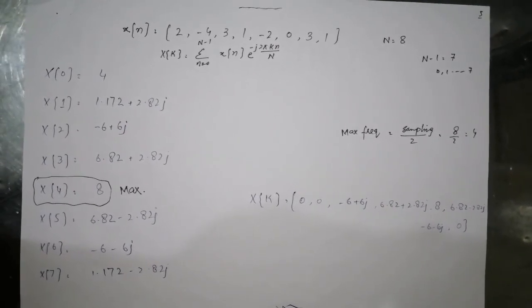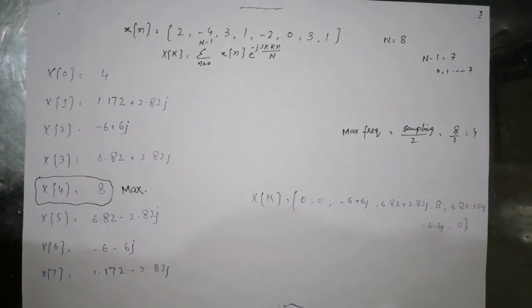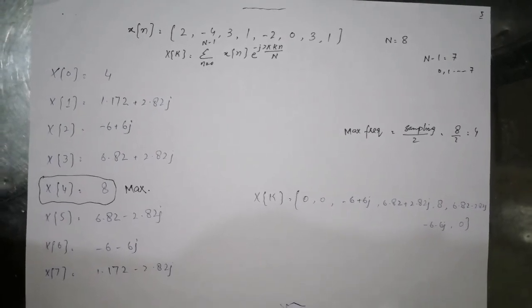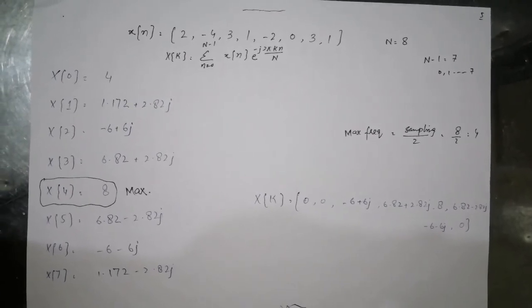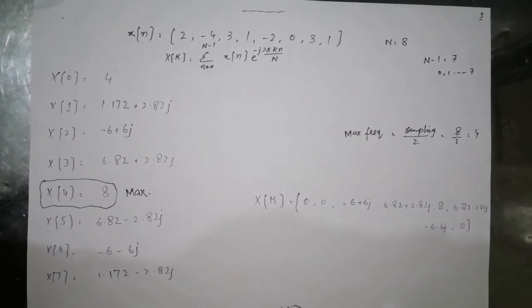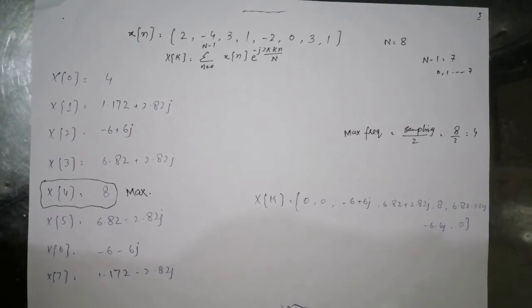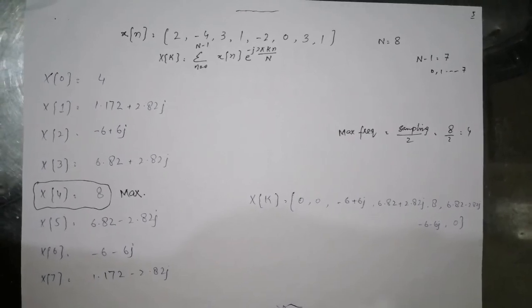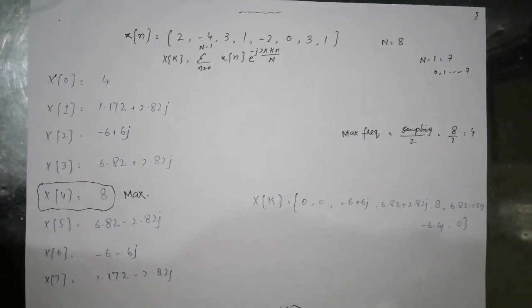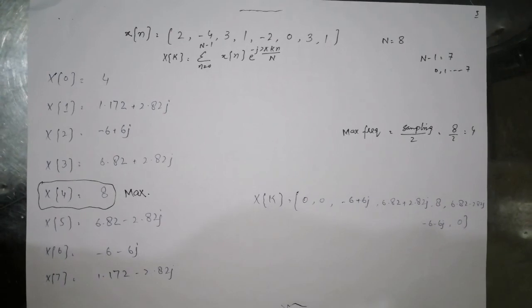As you can see, x of 3 is equal to 6 minus 6.82 plus 2.82j, and after the maximum point, x of 5 is equal to 6.82 minus 2.82j, which is the conjugate of x of 3. Similarly, you can see it for x of 6 and x of 2 and x of 1 and x of 7.